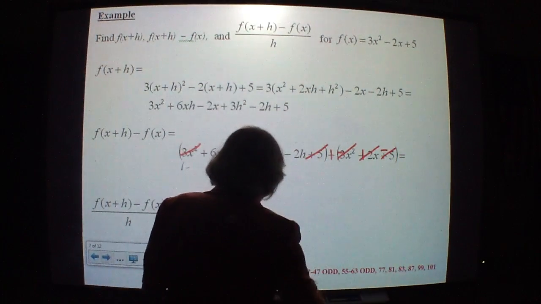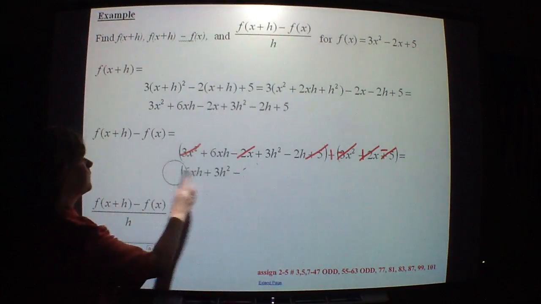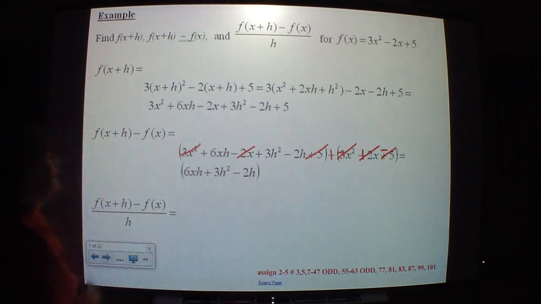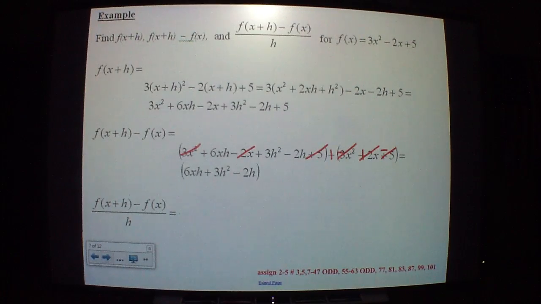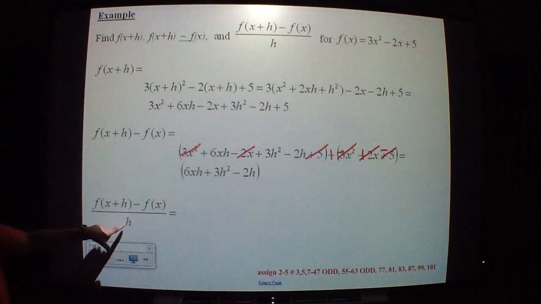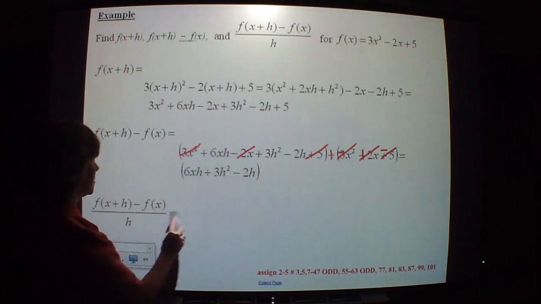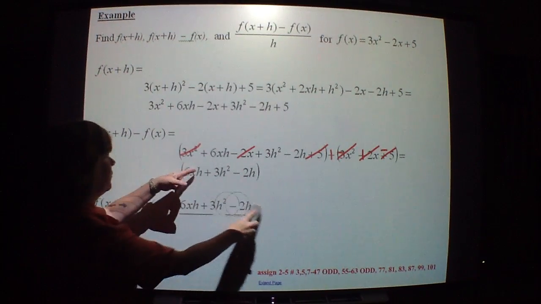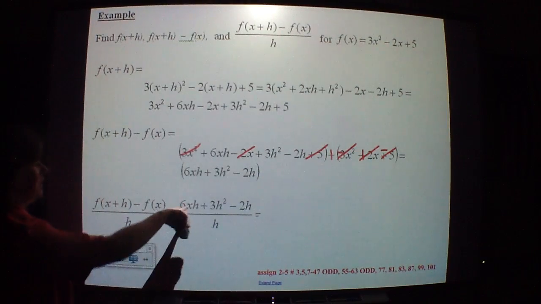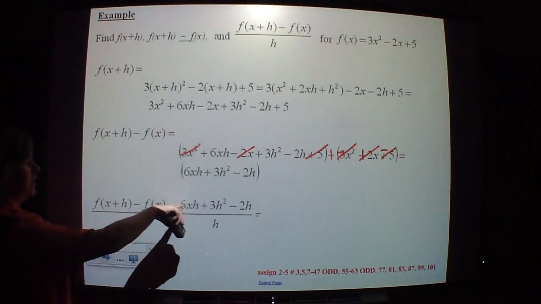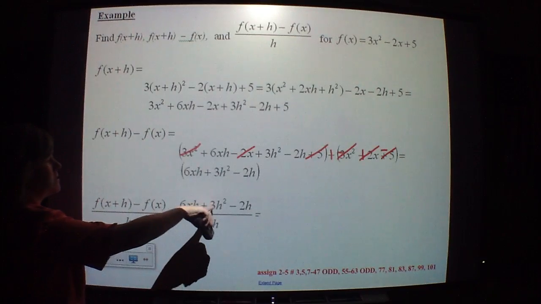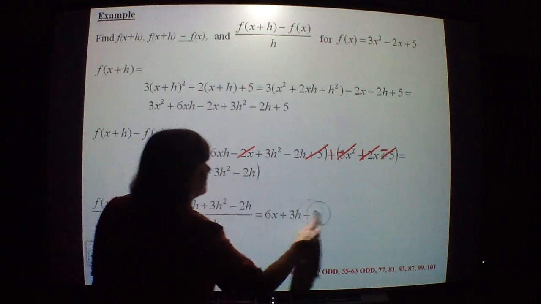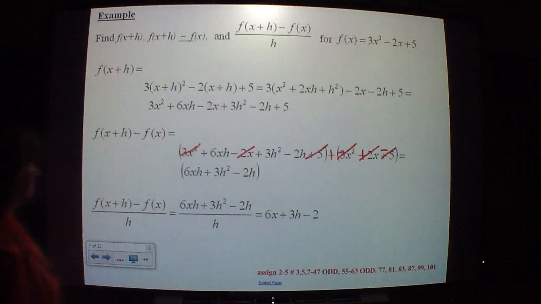Positive, negative. And I have 6xh plus 3h squared minus 2h. Last step is divide this by h. So this right here, divided by h. Factor out an h, and you have 6x plus 3h minus 2. And you're done.